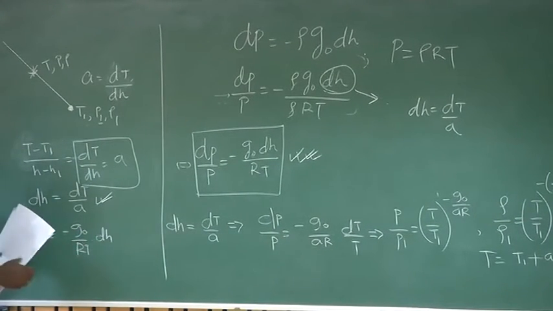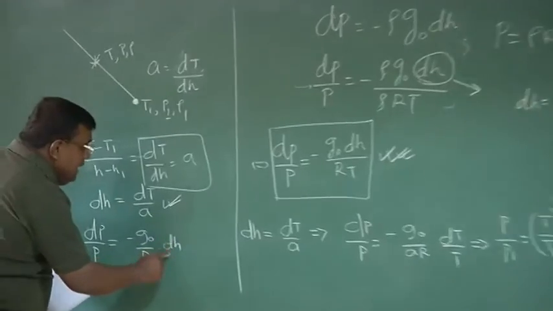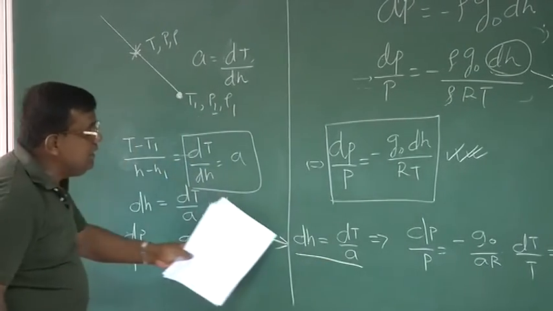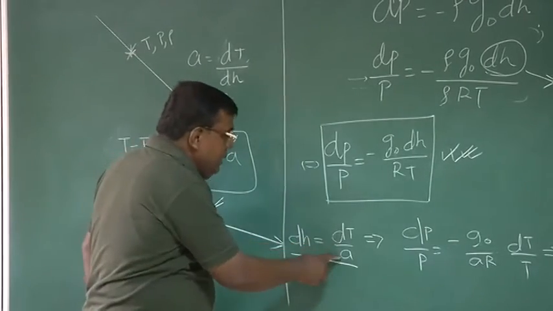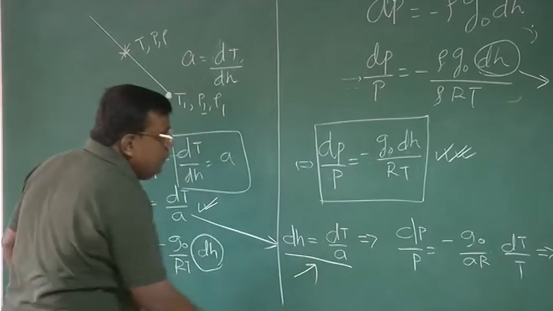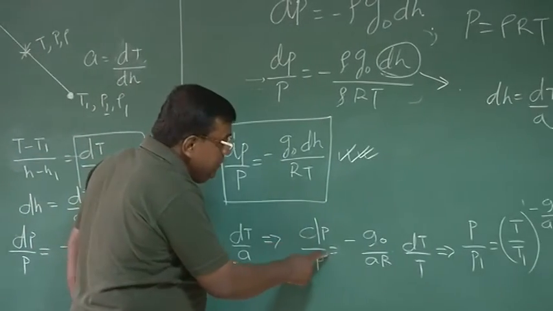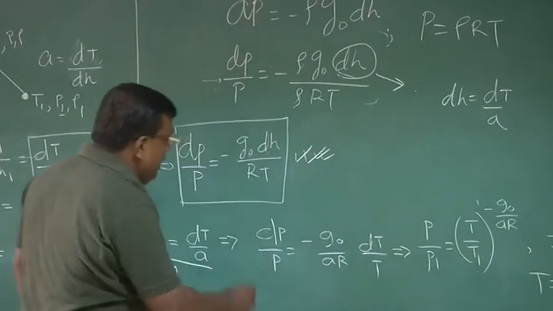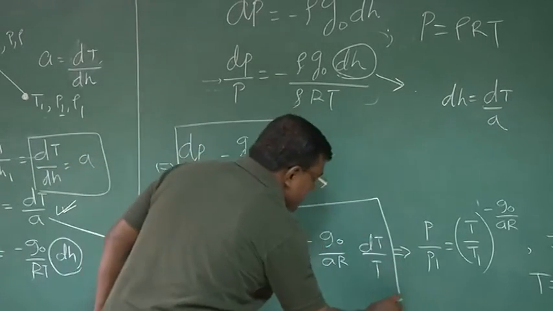Here I will be using this relationship, that is dH, from here I know by definition, dH is dT by a. So I will replace this dH by this value to get dP by P is equal to minus G0 by aR dT by T. Now you see, it's a very neat expression.